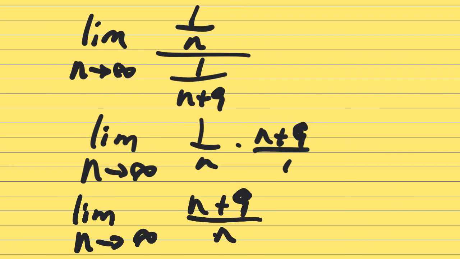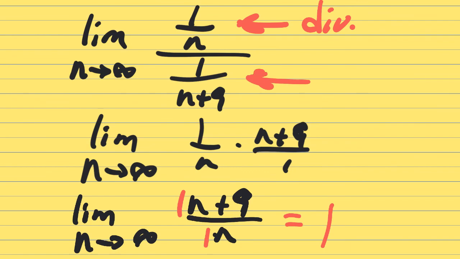That gives us limit as n goes to infinity of n plus 9 over n, which will have a limit value of, that's right, 1. Now, since that's finite and positive, and we know that this one diverges, that one has to diverge as well.